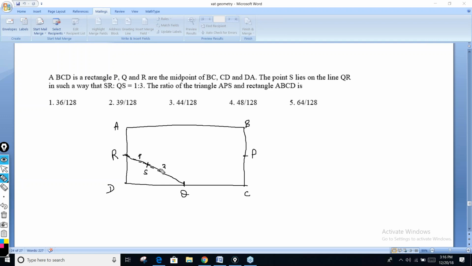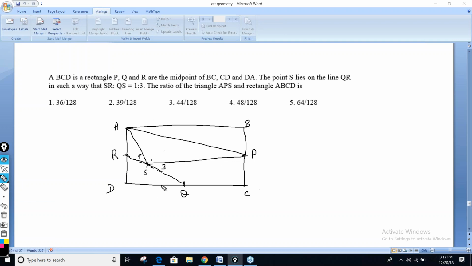That is 1 is to 3. We need the ratio of the triangle APS and the rectangle ABCD.